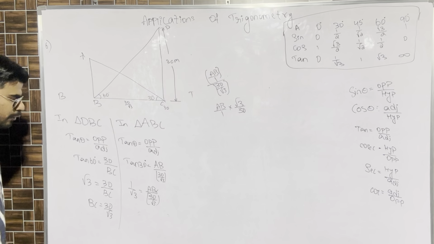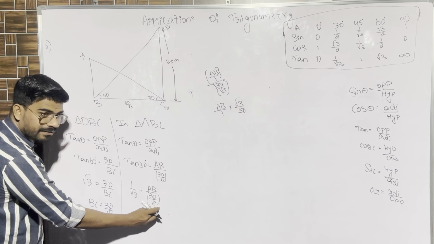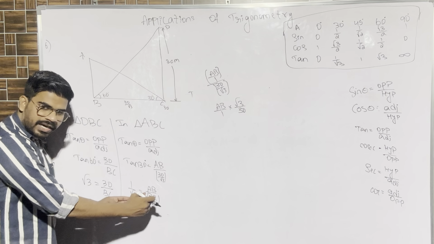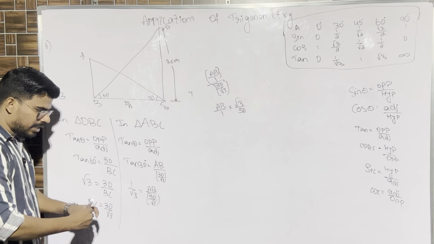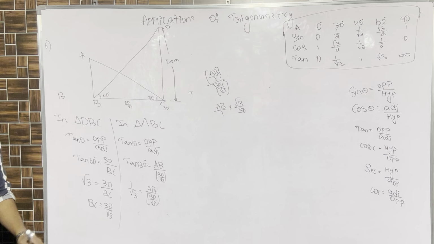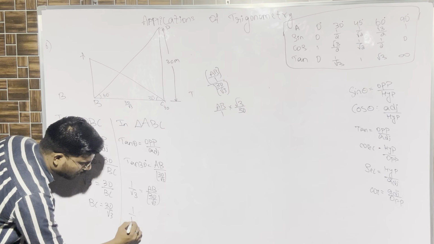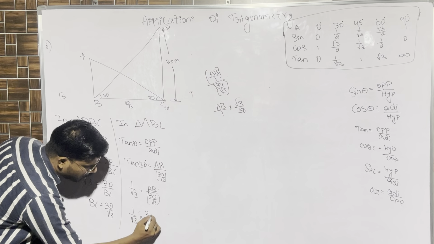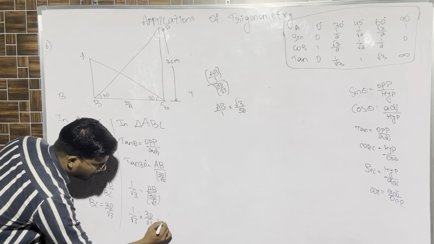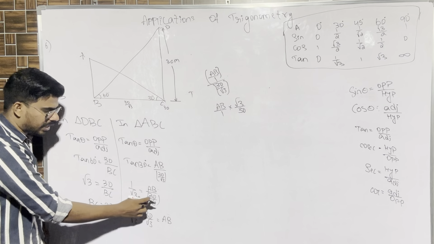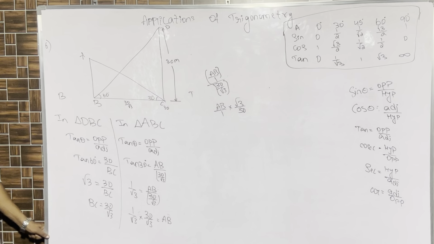So if you do not understand this, do one thing. This entire fraction which is division, I am sending it over here. Same to same fraction. Here now AB is divided by it. If I send it, it will become multiplication. 30 by root 3, same to same. 1 by root 3 into 30 by root 3 is equal to AB. This 30 by root 3 which was in division, I sent it here, it will become multiplication.